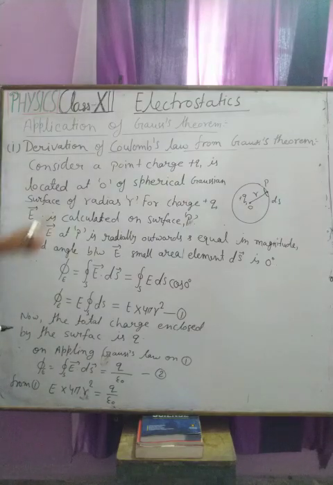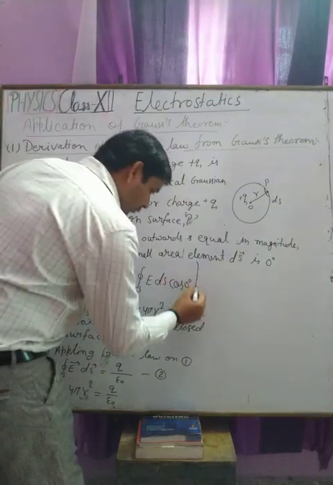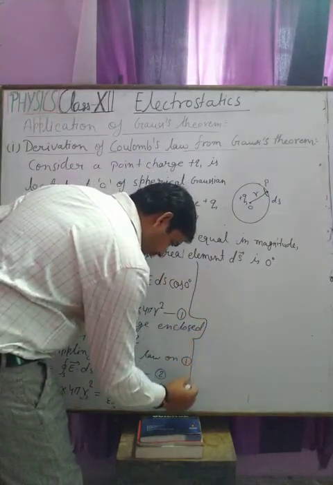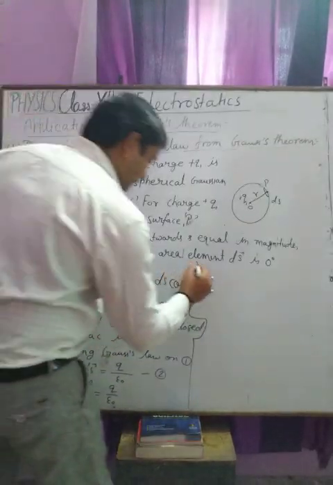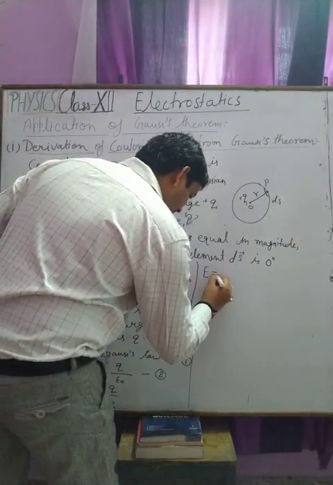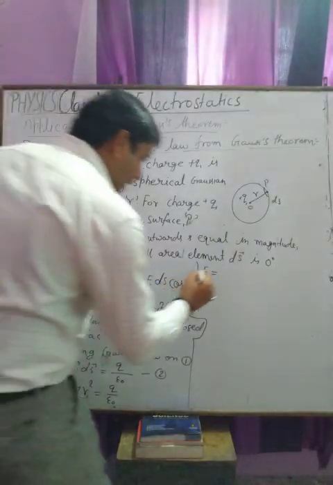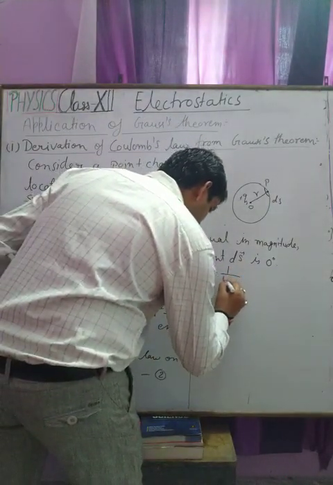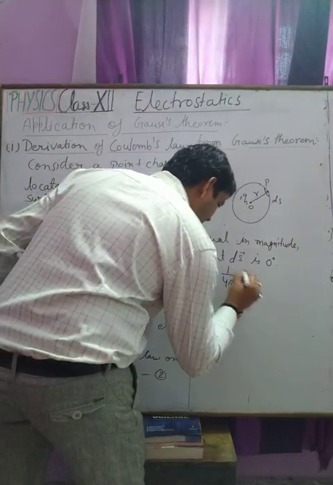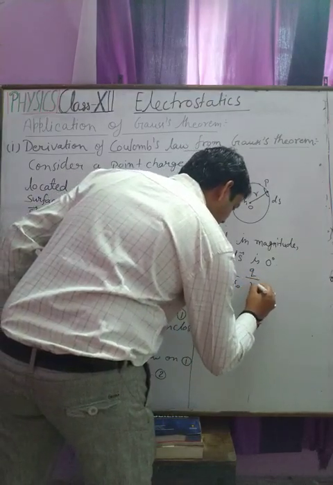Therefore, for this Gaussian surface, the electric field is equal to 1 upon 4 pi epsilon naught q upon r square.